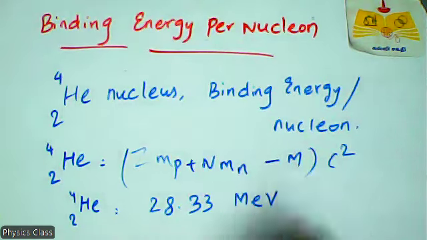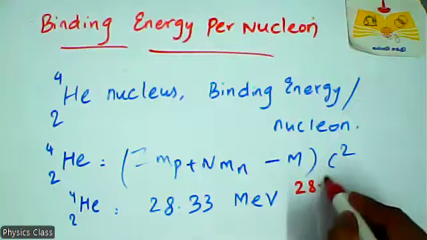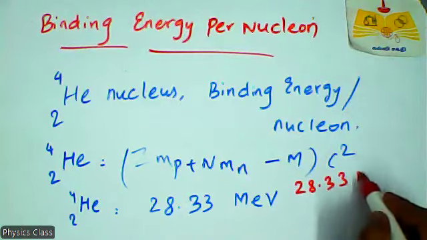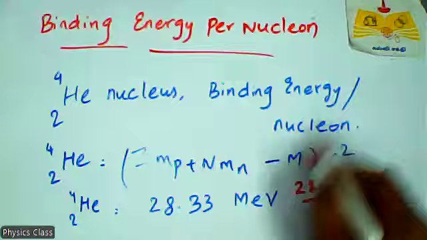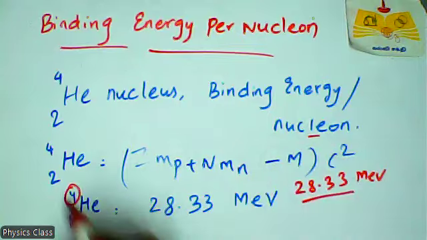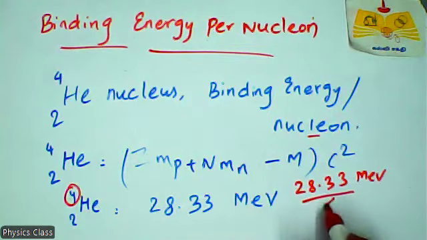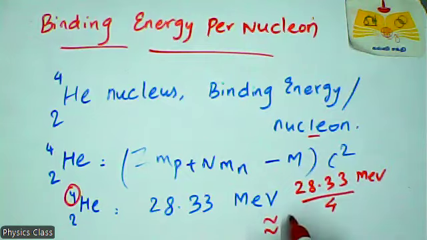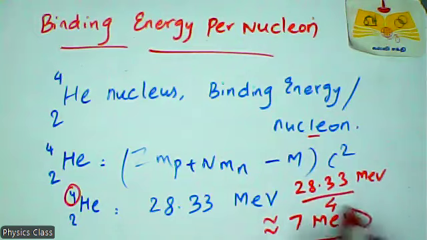So binding energy per nucleon is 28.33 million electron volts divided by A, which is 4. So 28.33 divided by 4 gives approximately 7 million electron volts. This is the binding energy per nucleon for the helium nucleus.